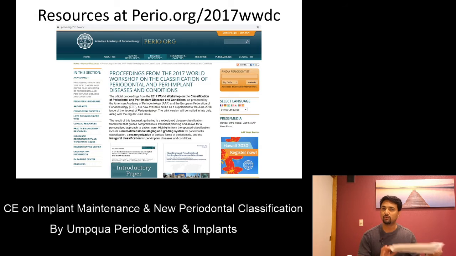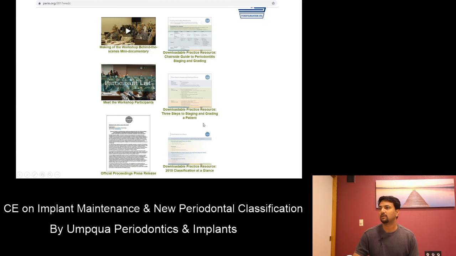I'm going to go over these handouts in detail later on in the presentation. You can also look at the review papers that these experts used to come up with this framework. So a whole bunch of resources you can find on that website.